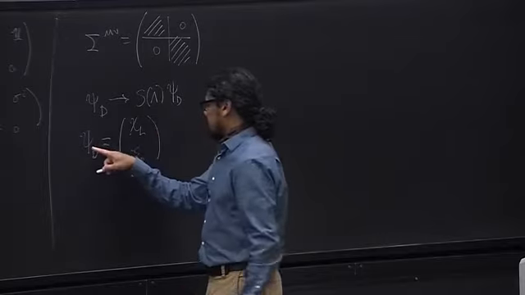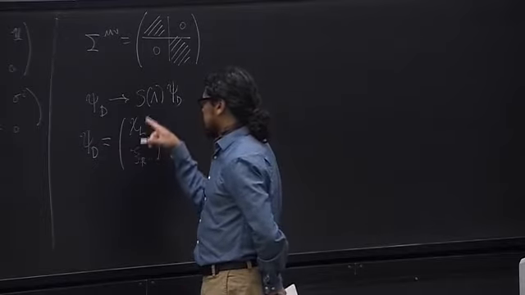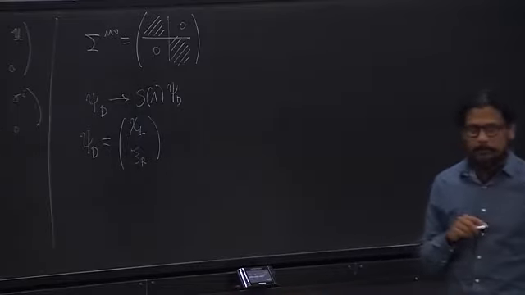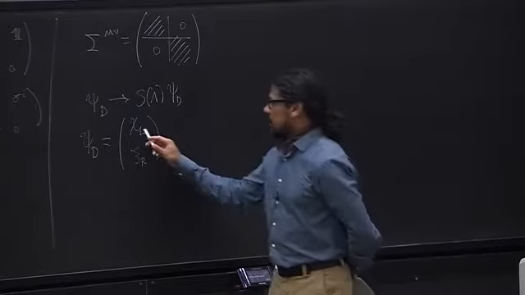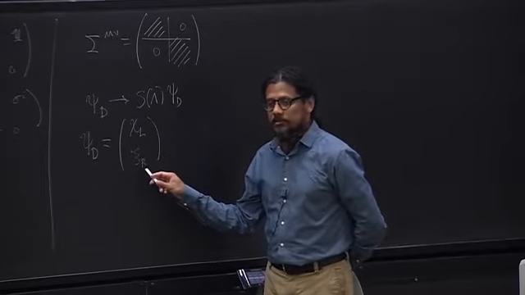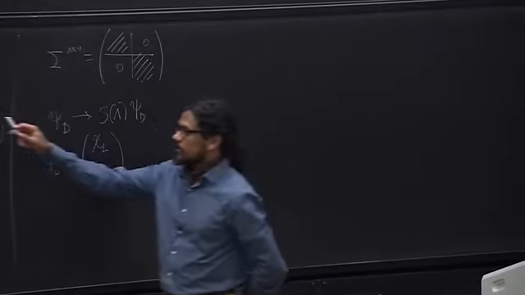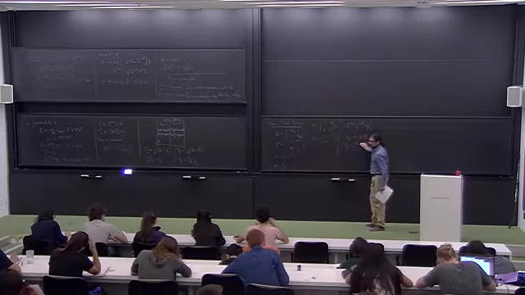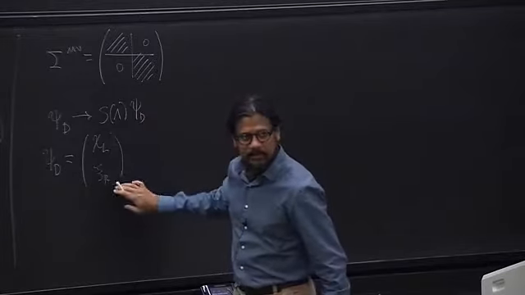You can express it in terms of smaller 2-component spinors. Okay? So chi L is a 2-component spinor. Psi R is a 2-component spinor. Because we are in the Weyl basis, this is the left-handed Weyl spinor, and this is the right-handed Weyl spinor.